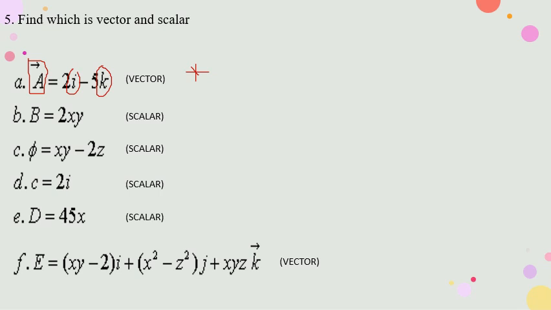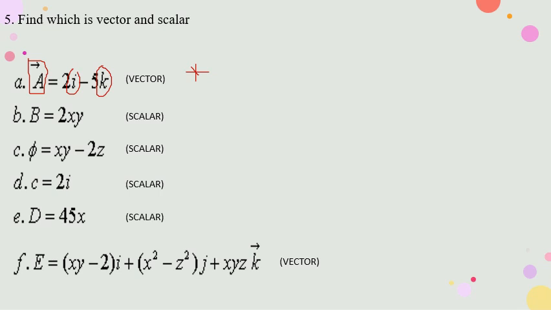Number 2 is scalar, because it only shows us b equals 2xy, which is only an unknown variable. So C here also shows only an unknown variable, xy minus 2z.